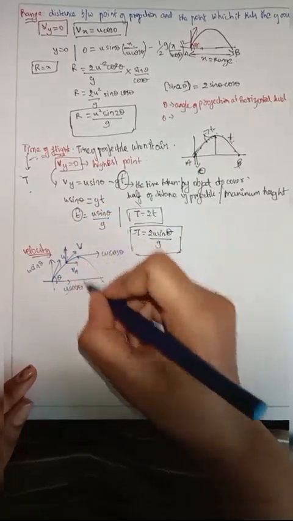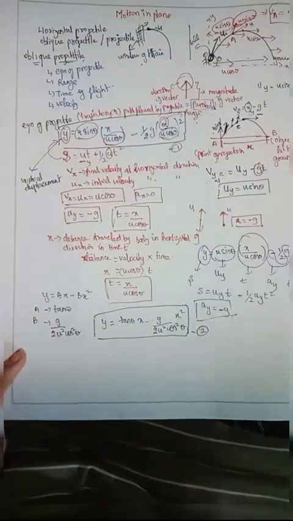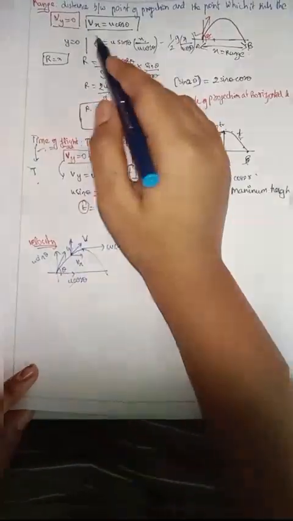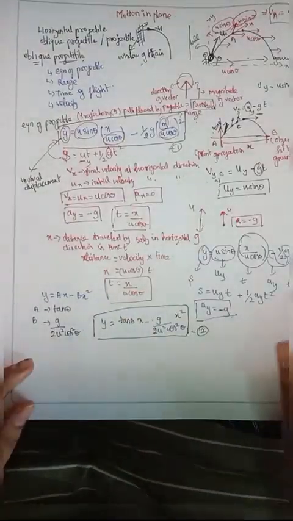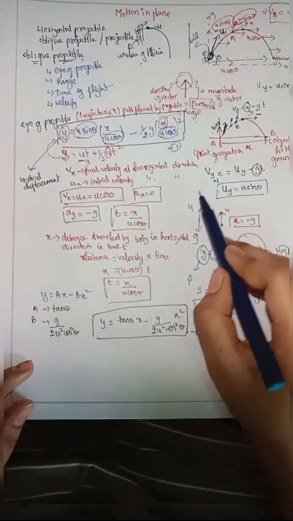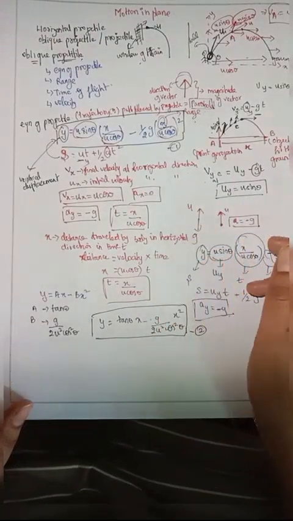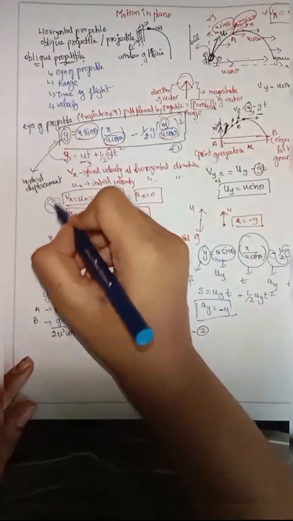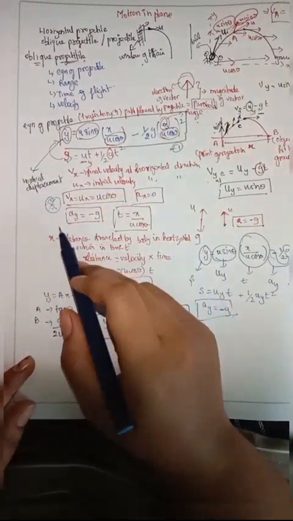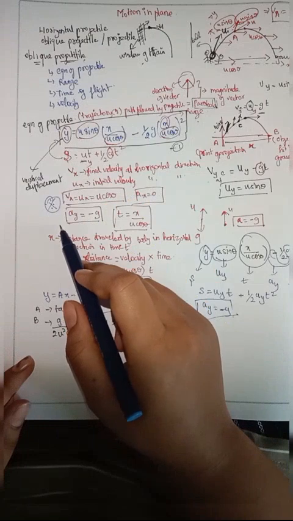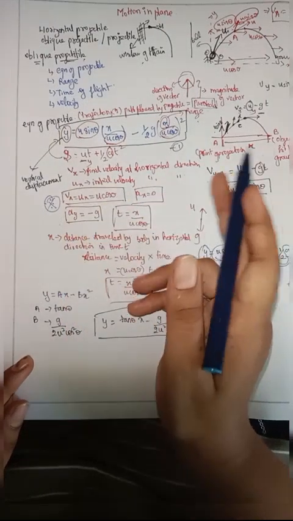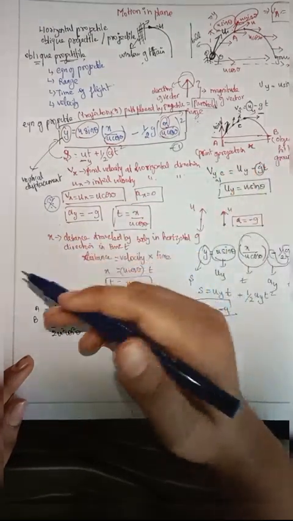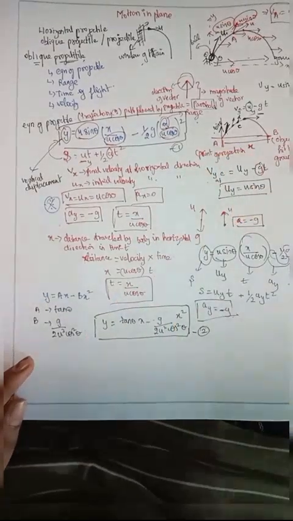Vx remains the same, as I already said, anywhere in this projectile. This point is important: the horizontal component of the final velocity is the same as the horizontal component of the initial velocity, that is equal to u cos theta.